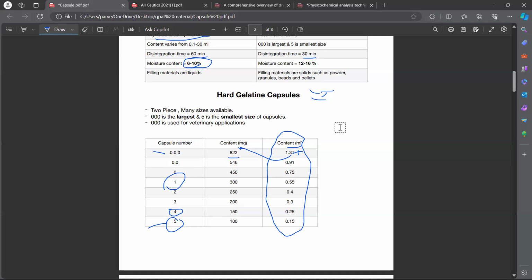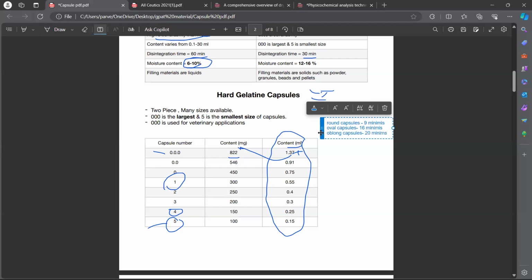Based upon shape, sizes can also be given. For example, round capsules have a size of 9 minims, oval capsules are 16 minims, and oblong capsules are 20 minims.